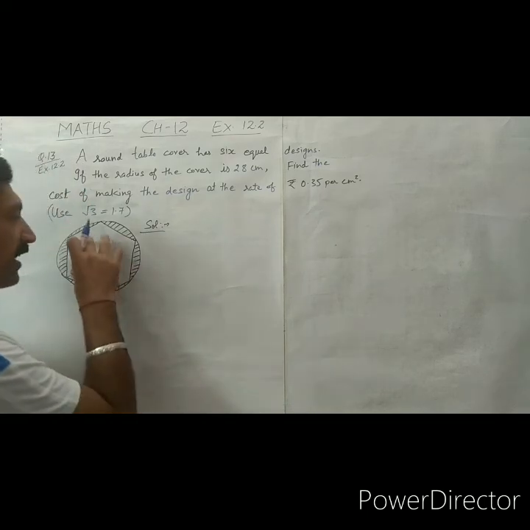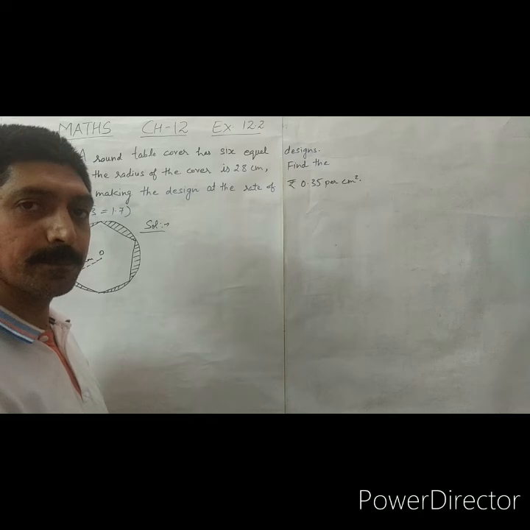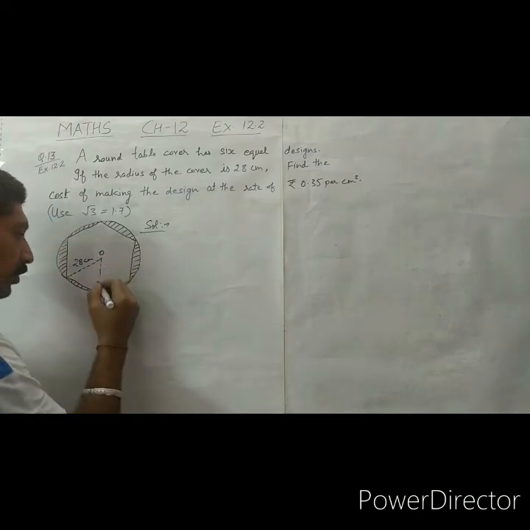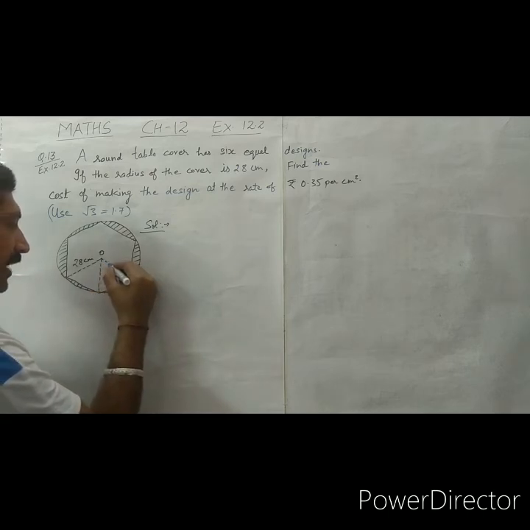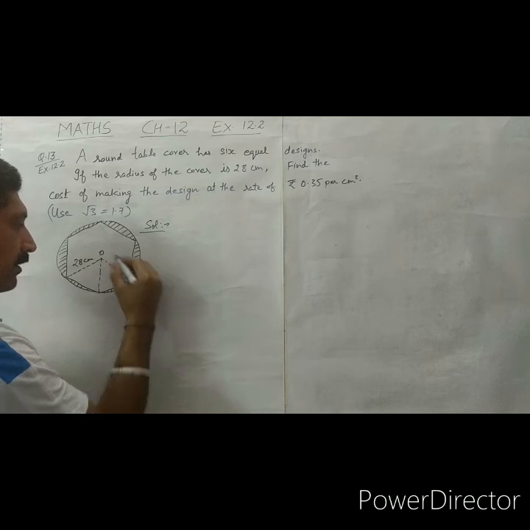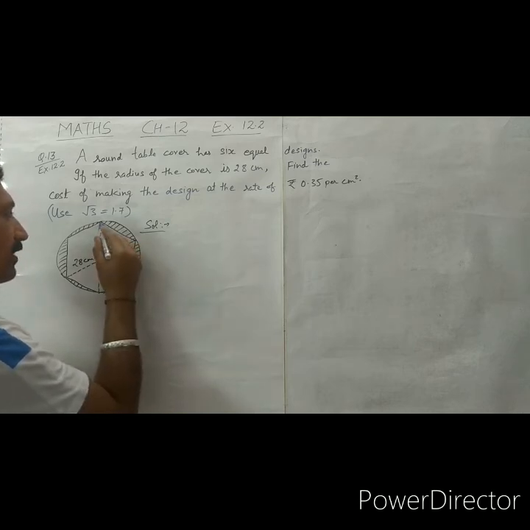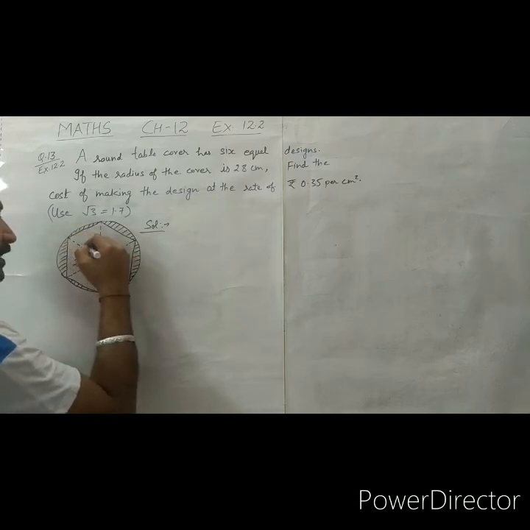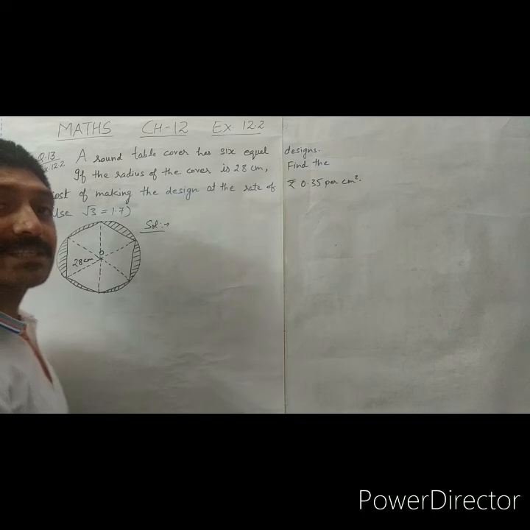So the figure here is a regular hexagon, and we get 6 congruent triangles, in such a way that each triangle is equilateral, and in an equilateral triangle all angles are 60 degree.